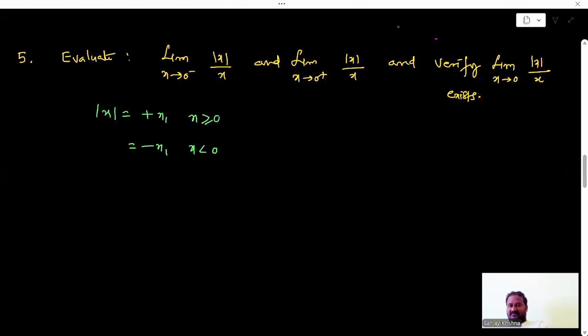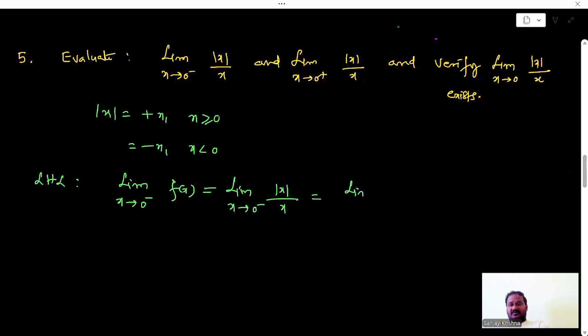We already discussed this. We learned this. So depending on this, you can find the left hand limit. Left hand limit is nothing but limit x tends to 0 minus f of x. Limit x tends to 0 minus means x less than 0. This one, modulus of x divided by x.